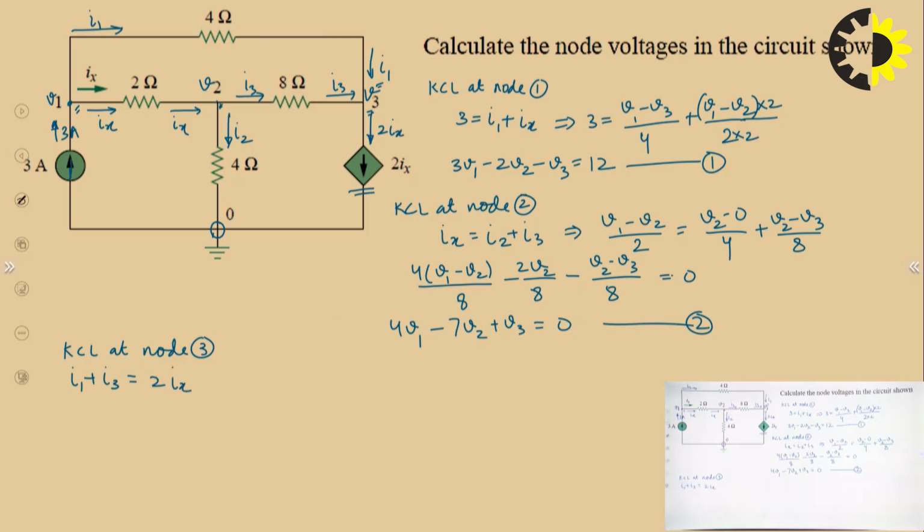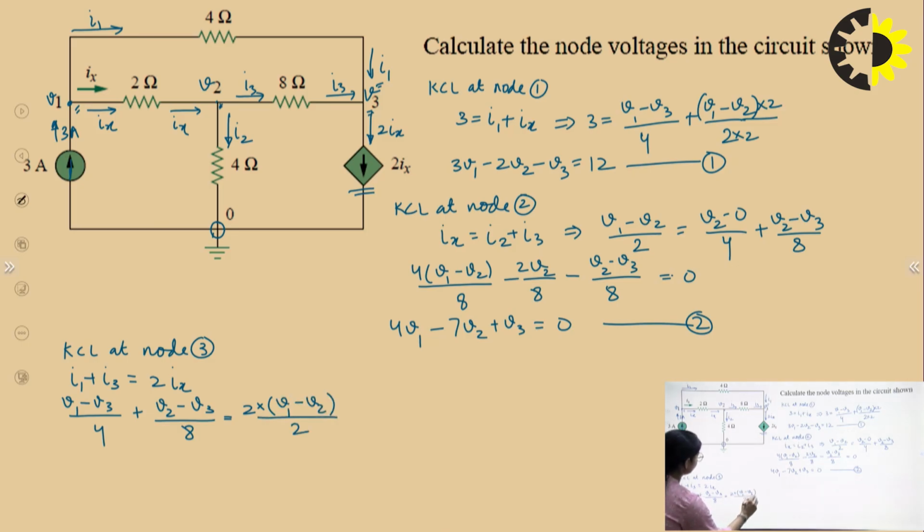The value of I1 in terms of node voltages will be (V1 minus V3)/4 plus I3, which is (V2 minus V3)/8, plus (V2 minus V3)/8, equal to 2 into Ix. What is the value of Ix? We can find Ix from this branch. Ix is (V1 minus V2)/2. So put this value (V1 minus V2)/2 in for Ix.